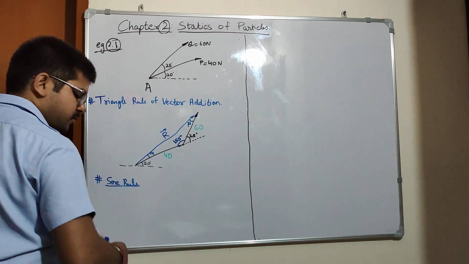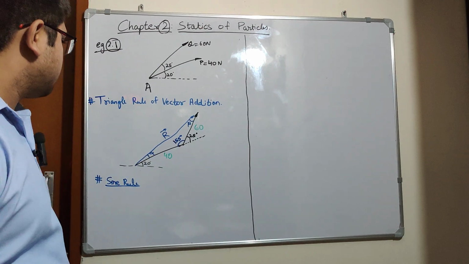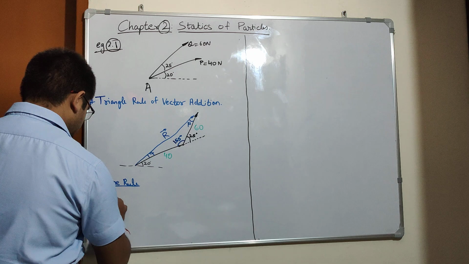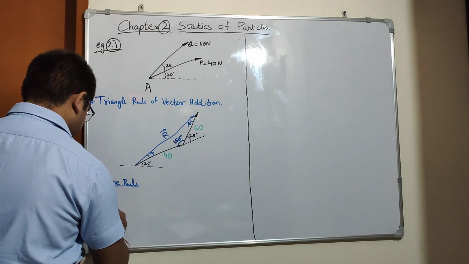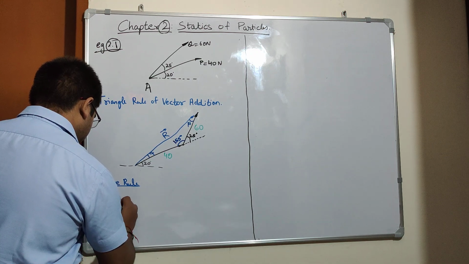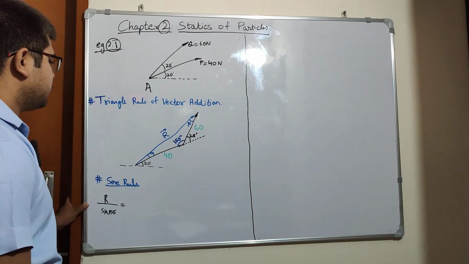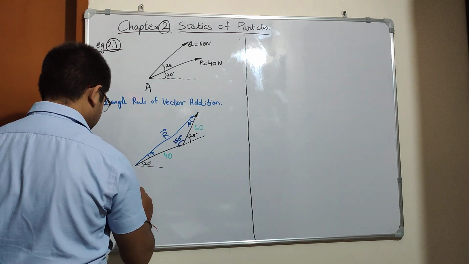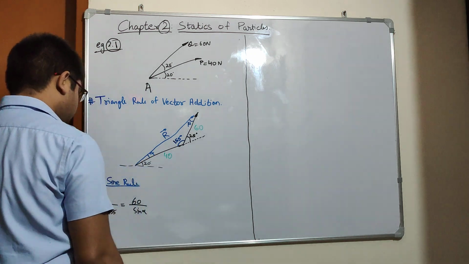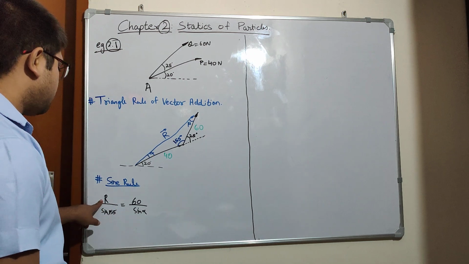So we write it here. R by sine 155 degrees equals 60 by sine alpha. Now we don't know alpha and R.